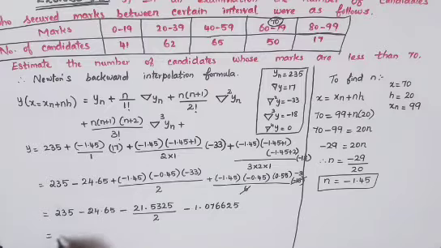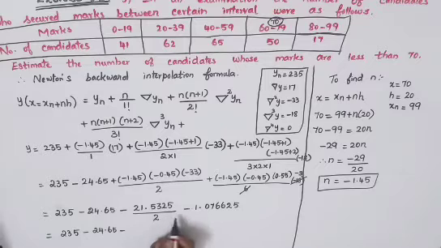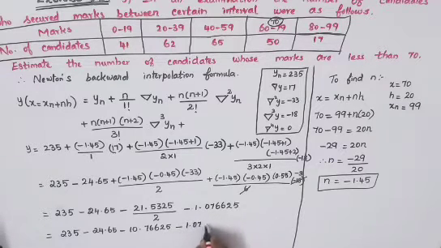Okay. The next step is 235 minus 24.65, then minus 21.5325 divided by 2, you will get it as 10.76625, minus this answer as it is, 1.076625.